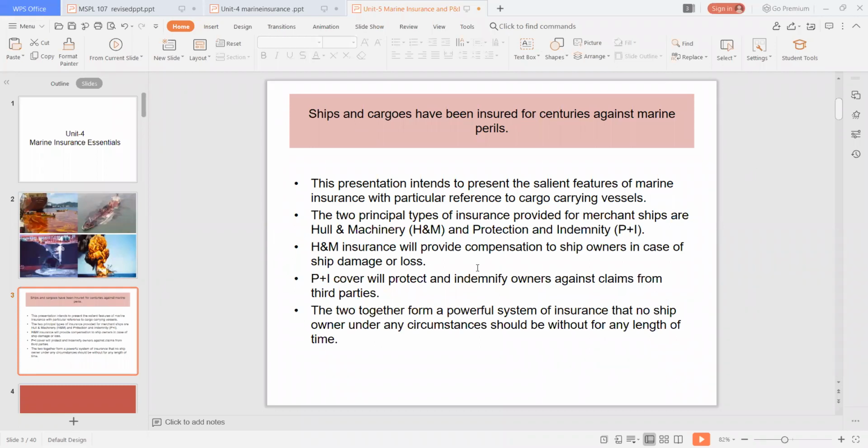H&M insurance will provide compensation to ship owners in case of ship damage or loss. P plus I cover will protect and indemnify owners against claims from third parties. See this? Right? Third parties. These together form a powerful system of insurance that no ship owner under any circumstance should be without for any length of time.